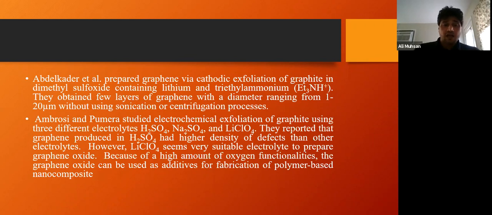However, lithium perchlorate seems a very suitable electrolyte to prepare graphene oxide because of a high amount of oxygen functionalities. The graphene oxide can be used as additives for the fabrication of polymer-based nanocomposites.